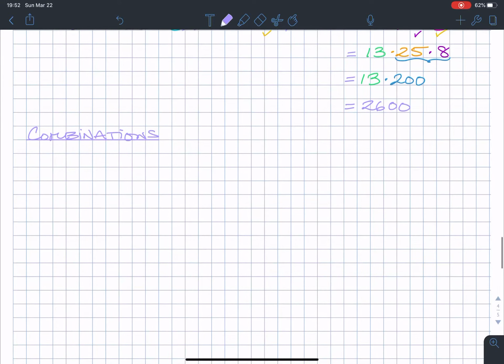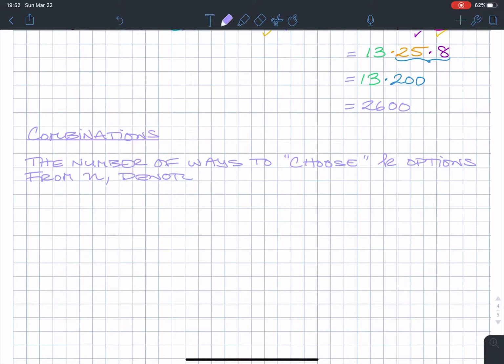So the number of ways to, quote, choose K options from n, denoted by n C k, read aloud.